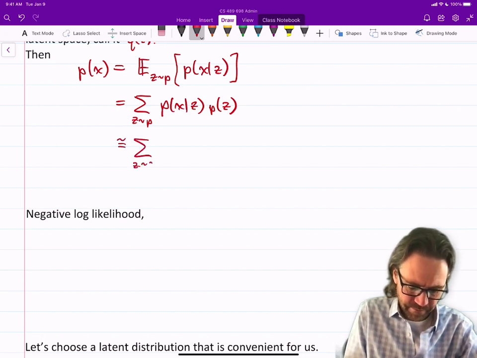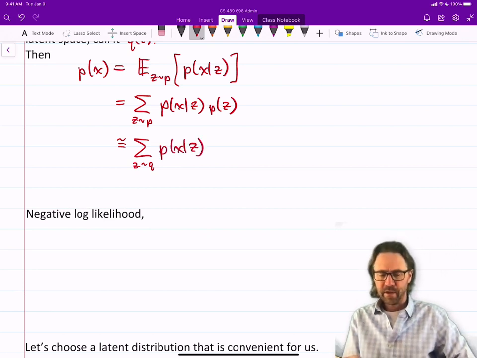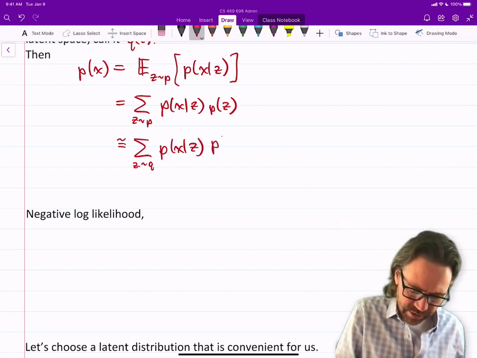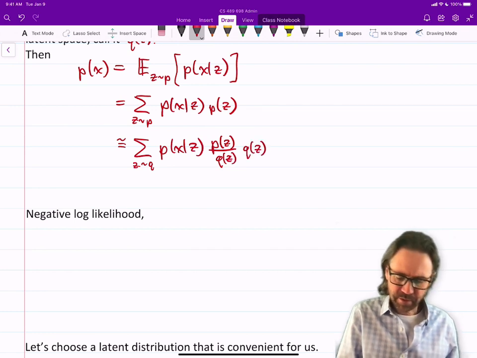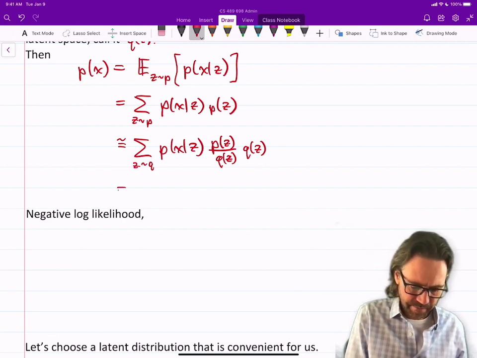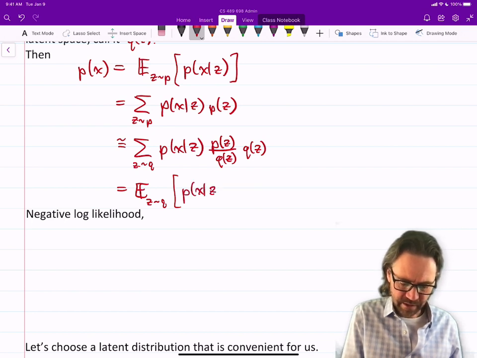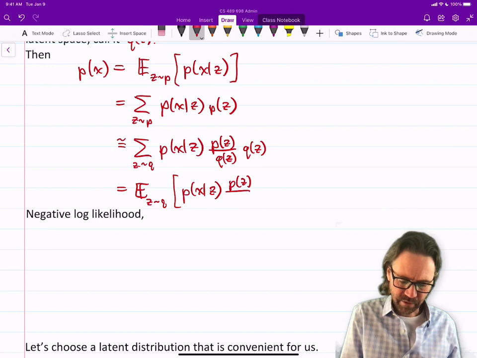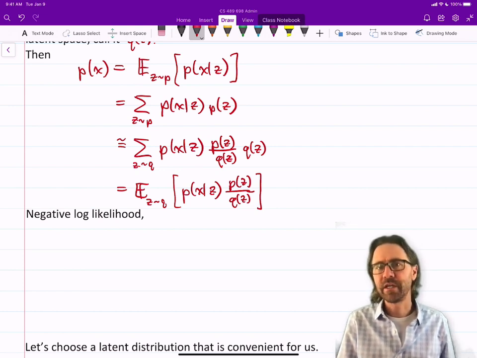So I'm going to take Z's from some Q. So I don't change the value of the thing in here, I'm going to multiply on the top and bottom by Q of Z, which is the probability of observing Z. And then I can rewrite my expectation, Z sampling from Q, of P of X given Z times P of Z over Q of Z. So I just rewrote that expectation, but now I'm sampling my Z's from a different distribution.